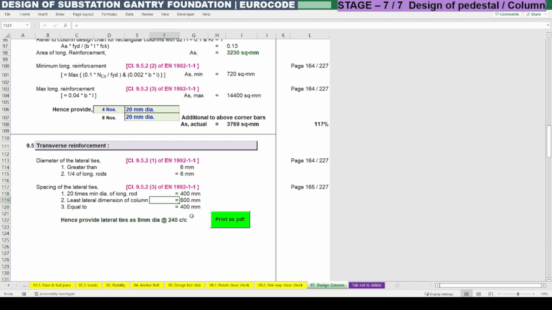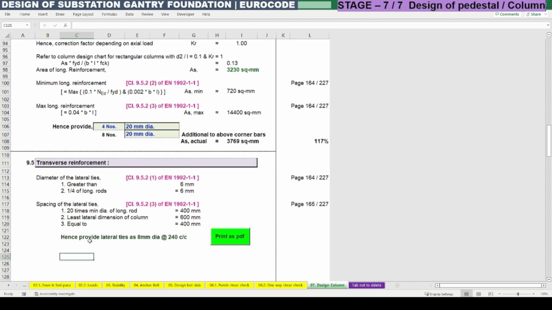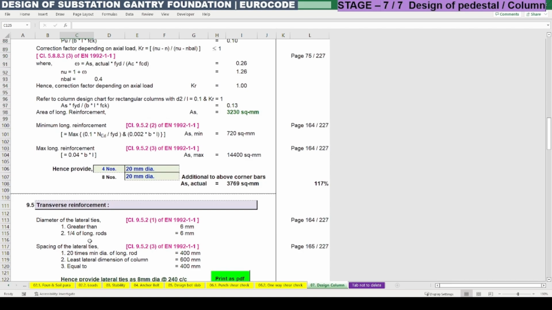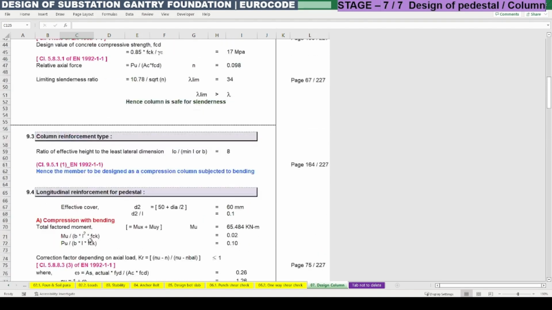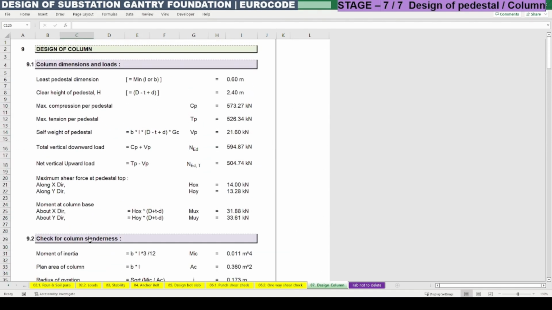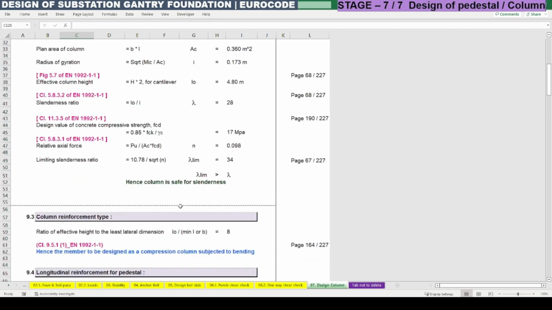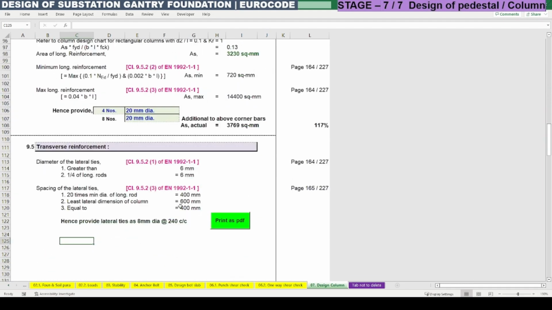However, we are considering less than this, which is 240 mm center to center distance as a transverse reinforcement. With that, all the reinforcement calculation for the column, the column slenderness check, the column dimension and loads we have seen in this stage.